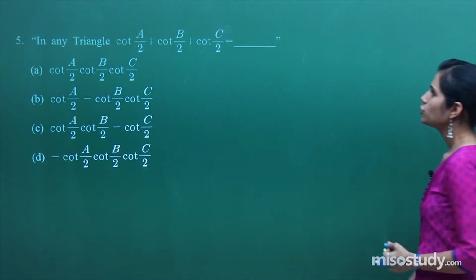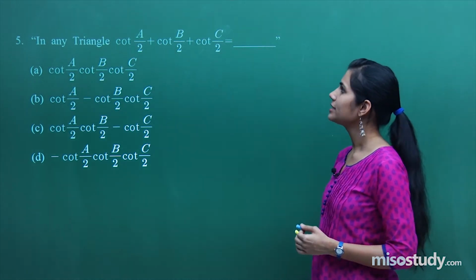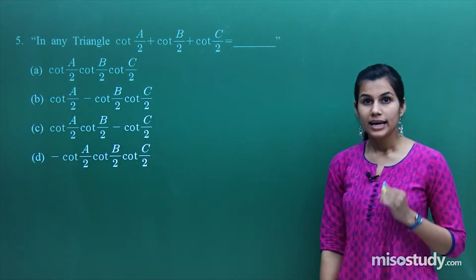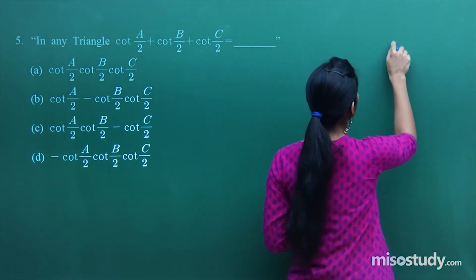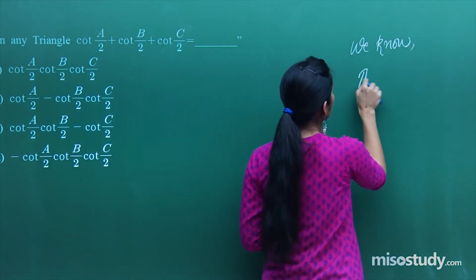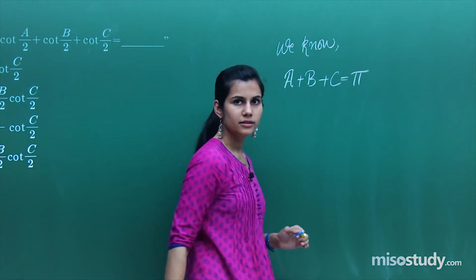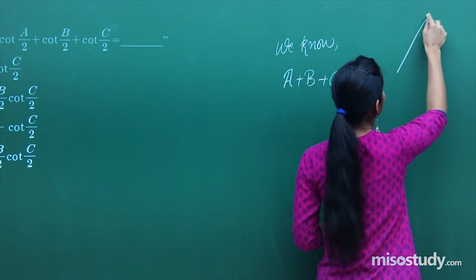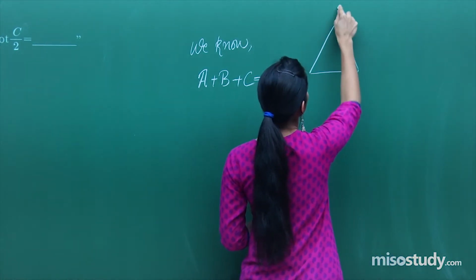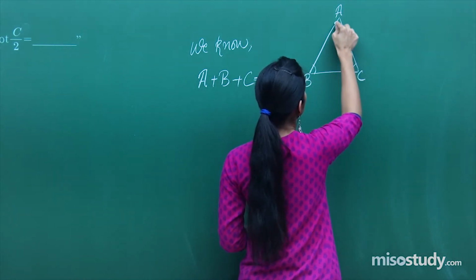Okay, so in any triangle, cot A by 2 plus cot B by 2 plus cot C by 2 is what? Now see, we know A plus B plus C is pi, isn't it? In any triangle, A, B, C, these are itself the name of the angles also.